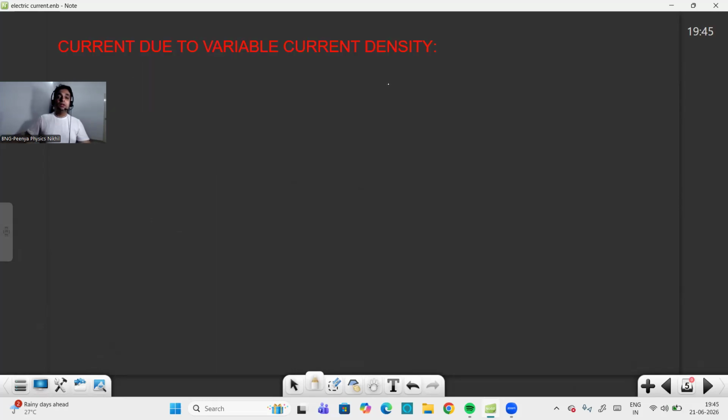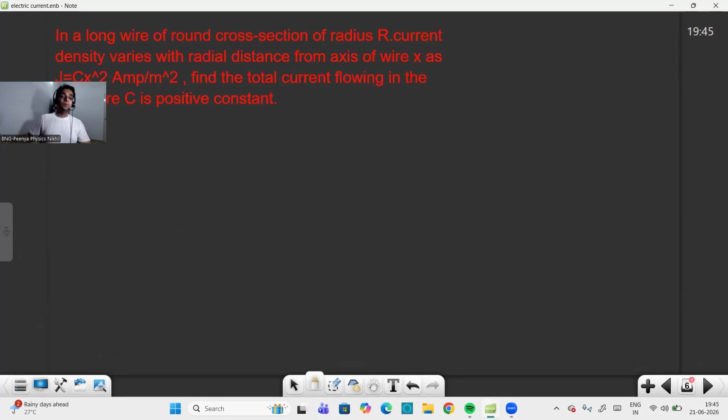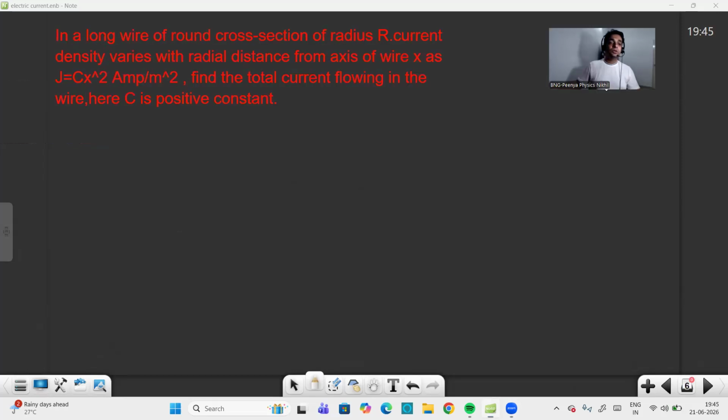The next topic is current due to variable current density. Already I have explained it here. So now we will solve a question based on this.